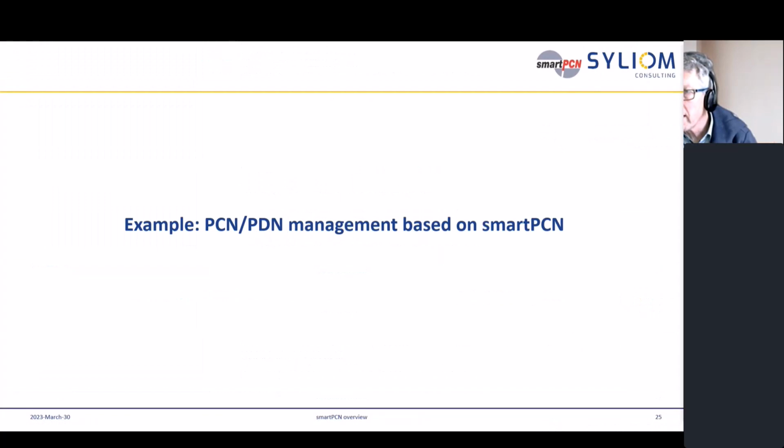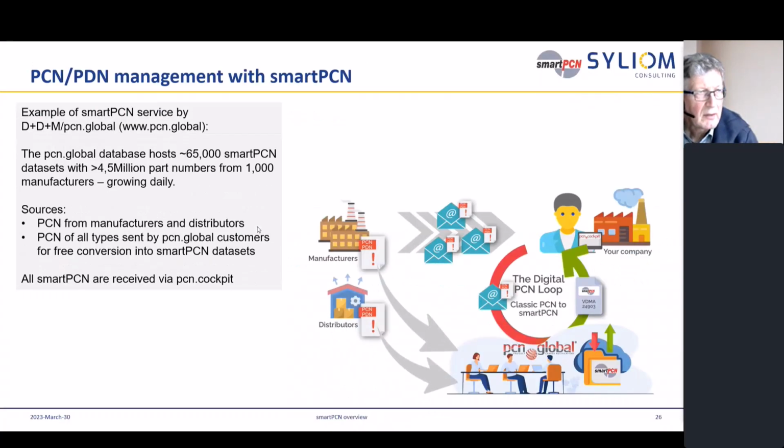Good. So I want to give you a very short example of a system that uses the smartPCN as the basic technology for PCN and PDN management. This is coming from the company called Data Documentation Management, DDM. You will find it also under the name PCN Global on the internet.